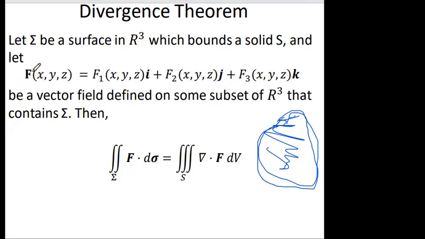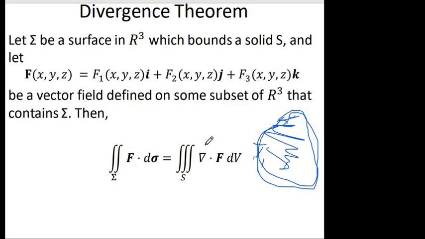And if you have a three-dimensional vector field defined on a region that contains sigma, then the three-dimensional version says the surface integral, that means the flux across this surface, is equal to this triple integral.